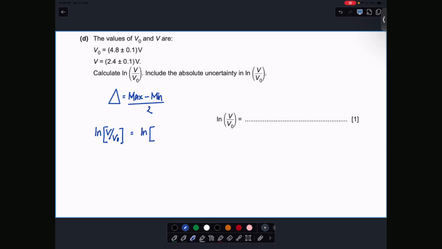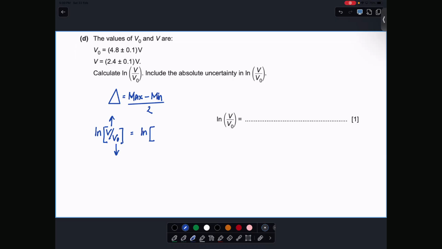Take log base 10: log 100 is 2, log 1000 is 3, log 10000 is 4. As the value increases, the log increases. ln is the same, just base e. So if v increases, ln increases.